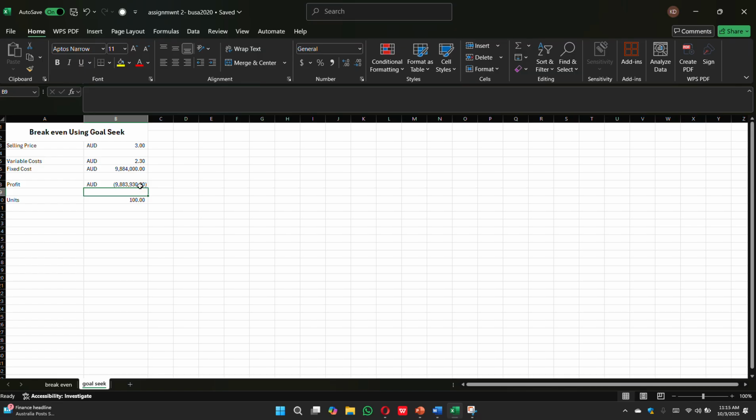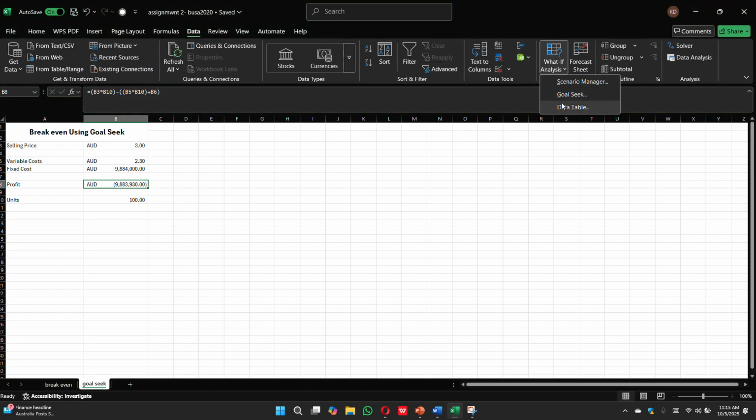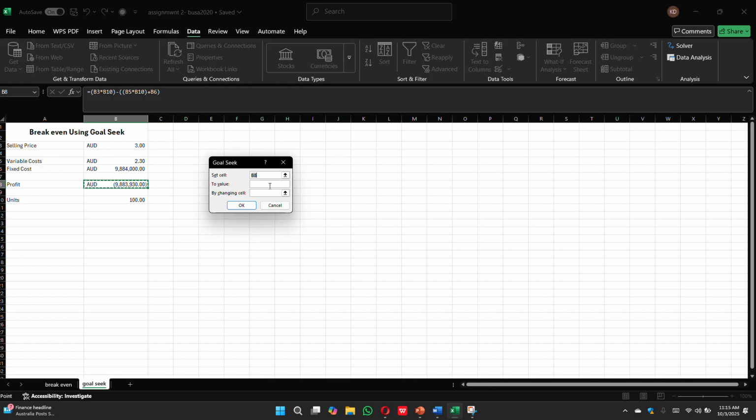Now in order to break even, it means profit is 0, right? So we use this tool. This tool will easily tell us how to do it. Here, set cell profit to 0 by changing the number of units, since we are calculating break-even.